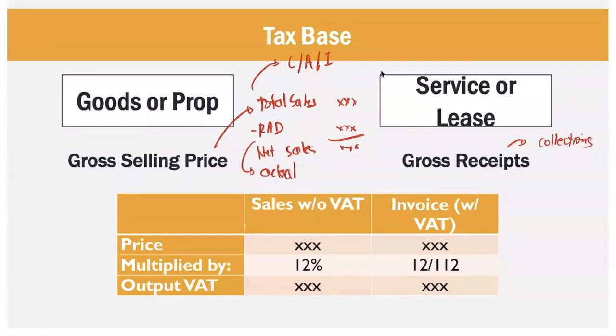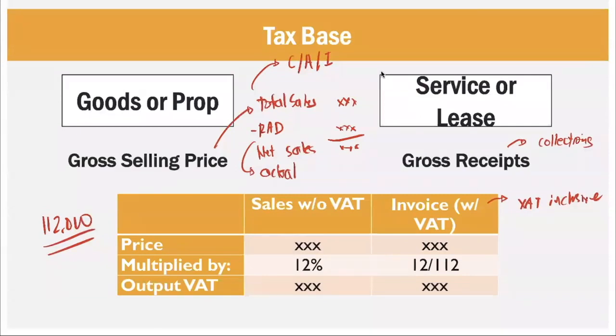Okay. Now, also, a recap on your computation of your output VAT. It depends whether the sales is without VAT or the sales is already at invoice price. So if it is already in invoice price, what did we say before? If the sale is with invoice price, it means that the sale is VAT inclusive. But if it is only a sale without VAT, there is no VAT in it. So for example, our sale is 112,000.